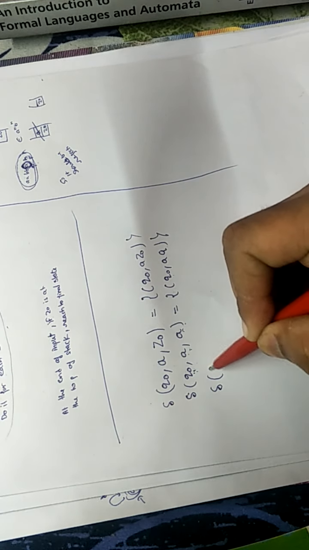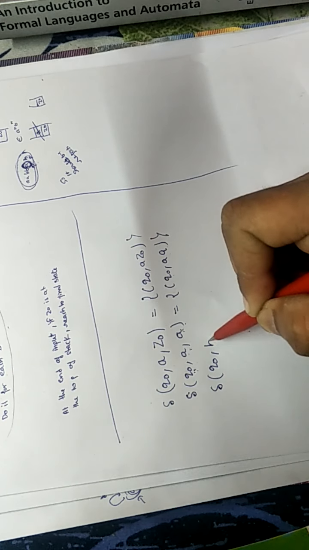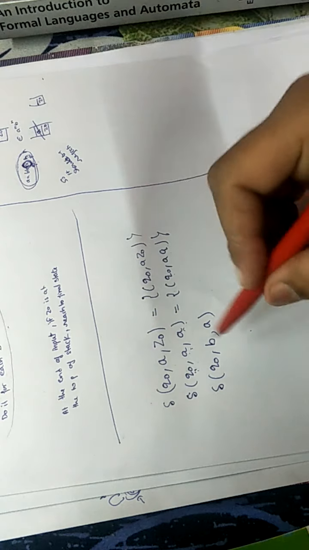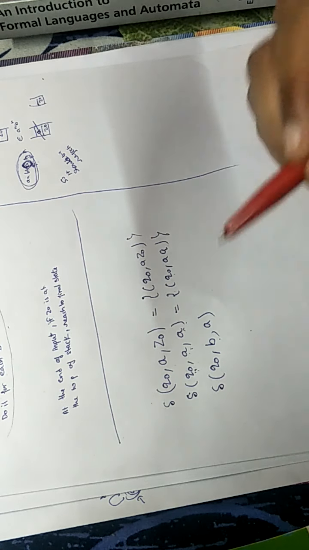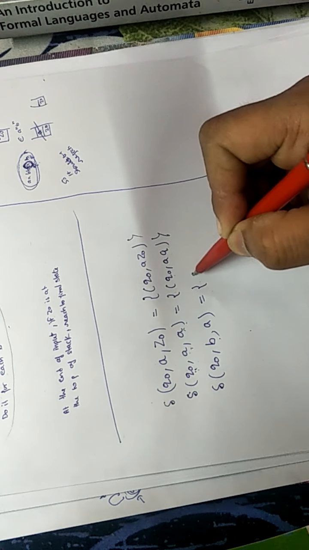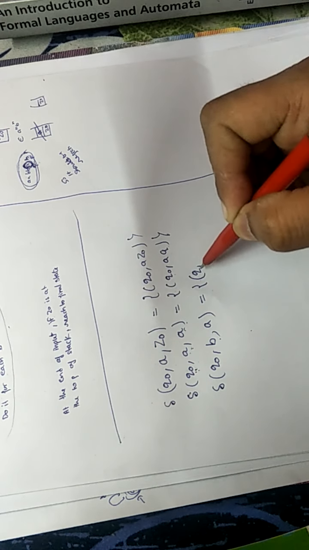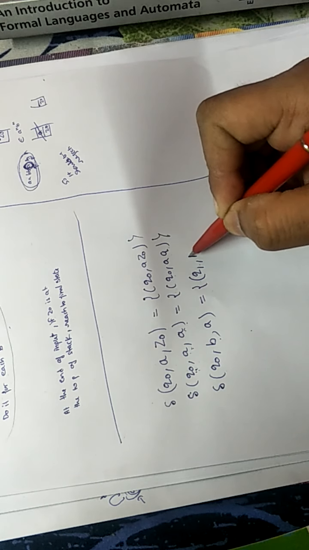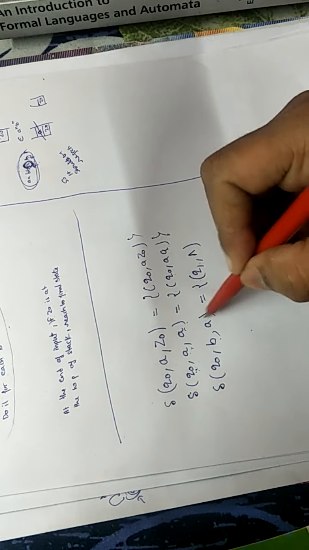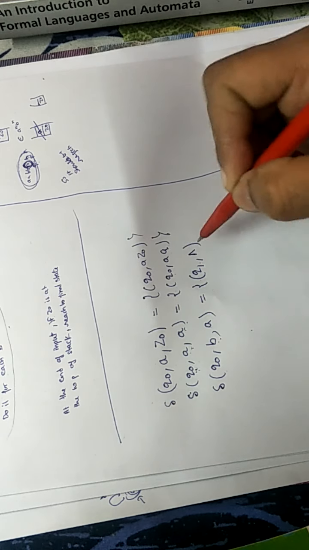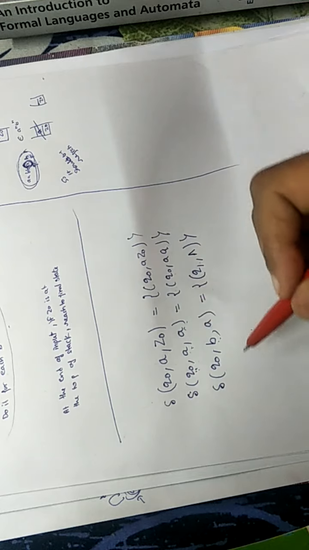Now we read B and A is on the top of the stack. On reading B, what we need to do? For the very first B, we have to change state Q0 to Q1 and we have to pop this A. For this B, we are popping this A and changing the state.